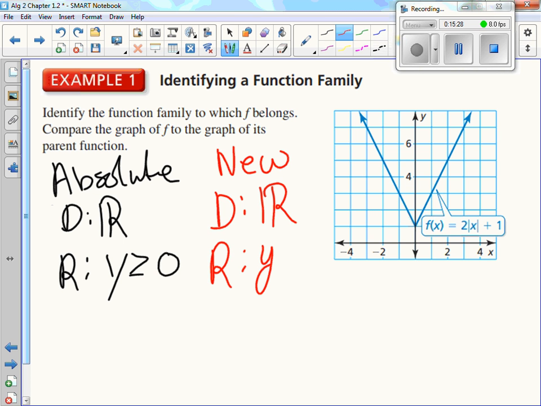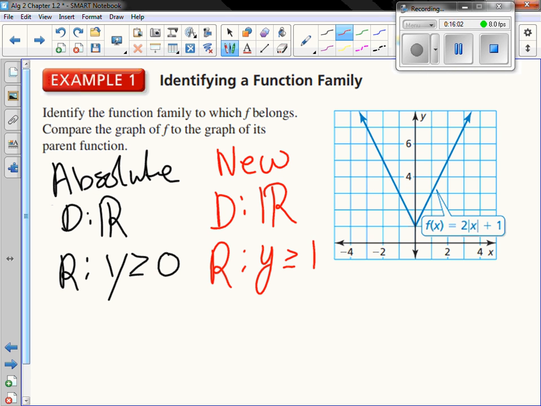Because it's an absolute value, not all the values of y are covered. As we can see with the graph, are we using anything below 0? Does this function have a y value of anything less than 1? It's all values 1 and greater. So what would we say? Y is greater than or equal to 1. And that's all we have to say for domain and range.